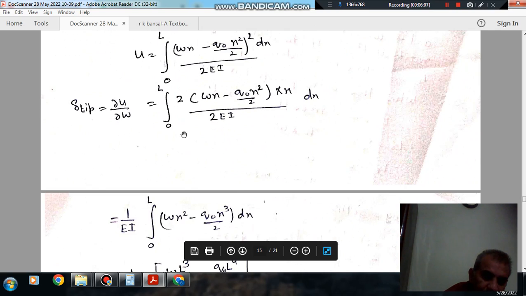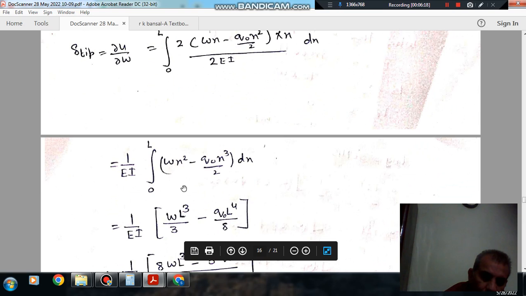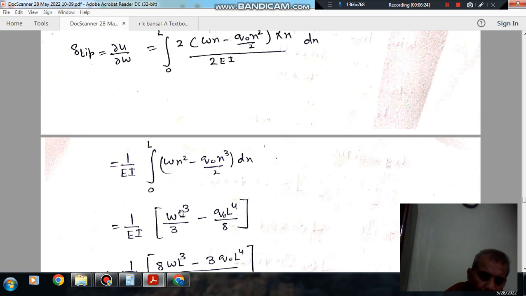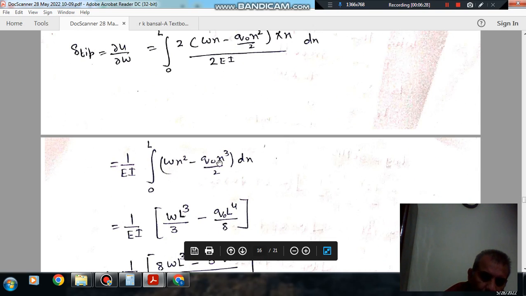Okay, and we can take EI out because it is a constant, and this is Wx square minus Q naught x cube by 2. So integrating it, it will be WL cube by 3, and this will be Q naught L 4 by 8.